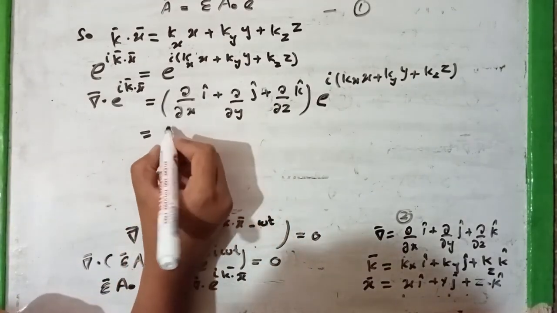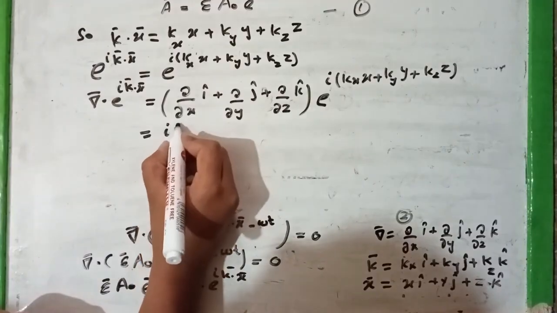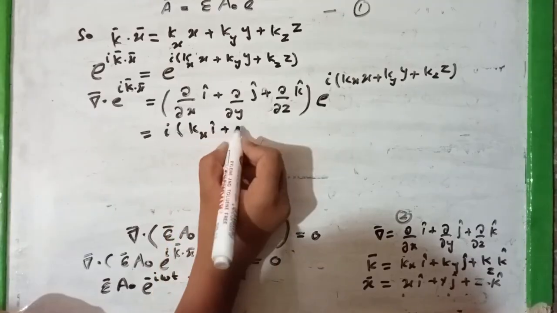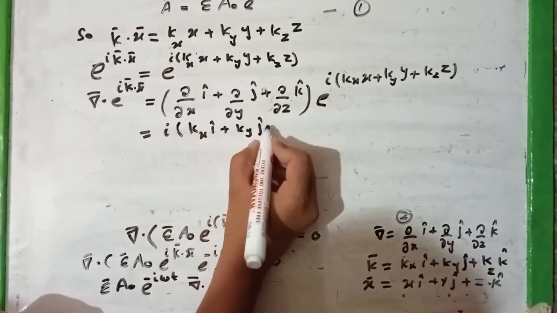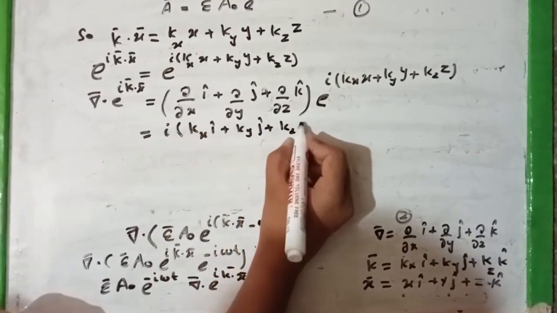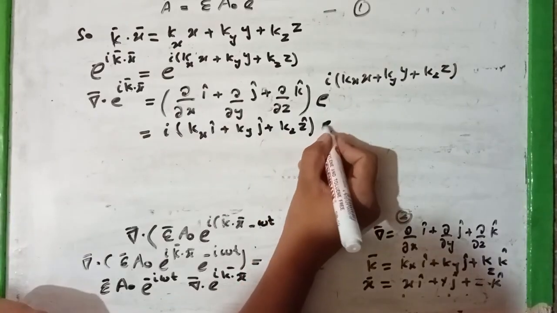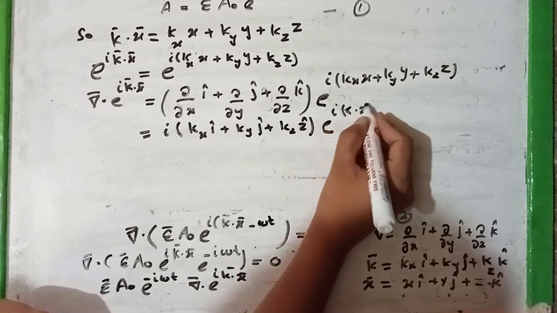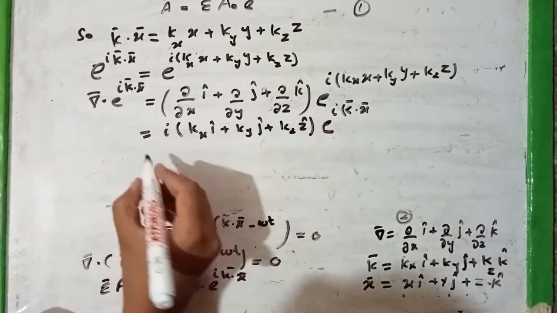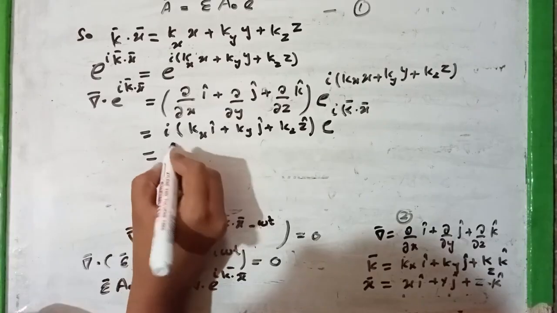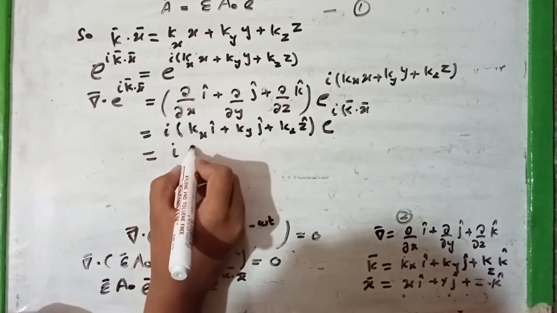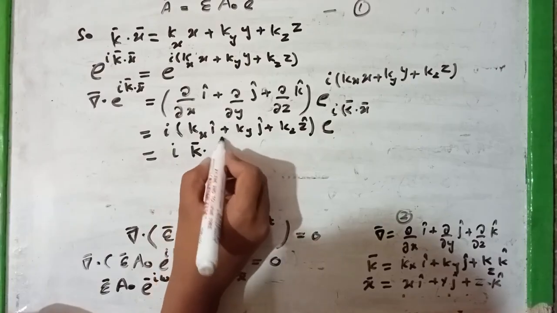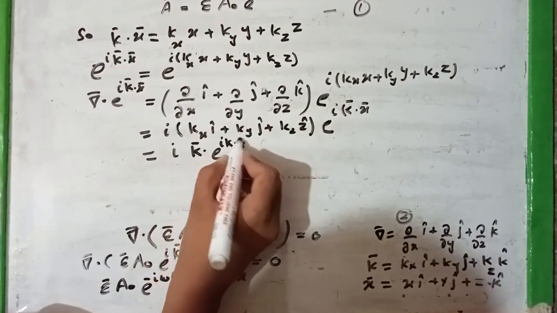This is equal to iota multiplied by (k x i hat plus k y j hat plus k z k hat) multiplied by exponent iota k dot x, which is equal to iota k vector dot exponent iota k dot x.